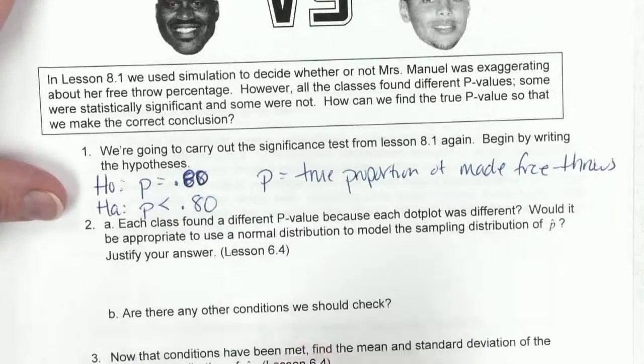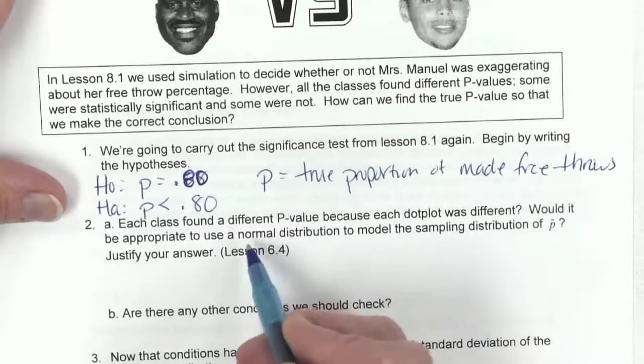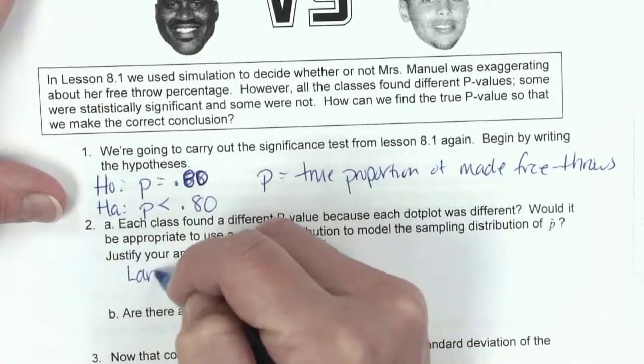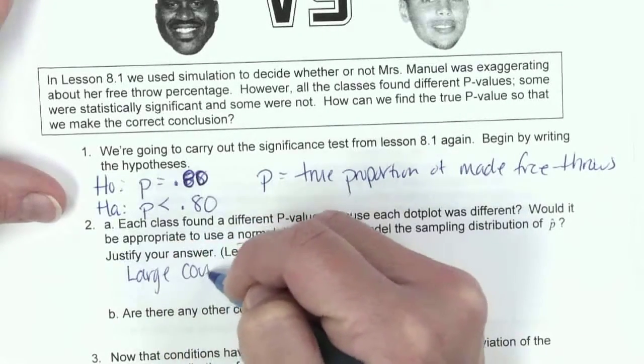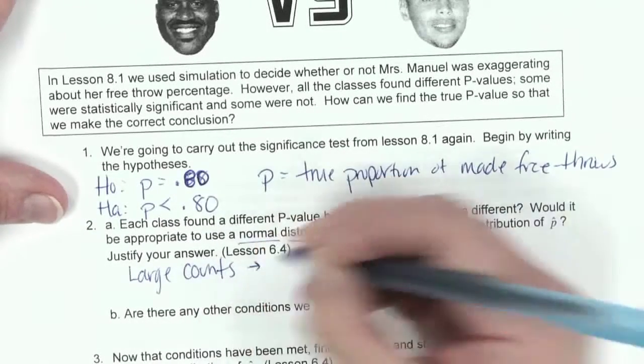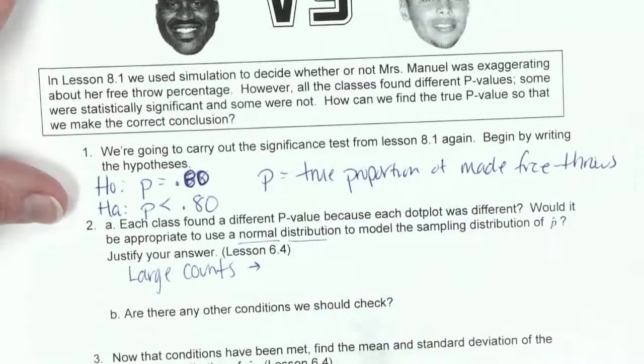Does our sampling distribution meet the large counts condition? Well, the large counts condition says that you take your sample size times the proportion and the sample size times the complement of that, and do you get at least a count of 10 for each.